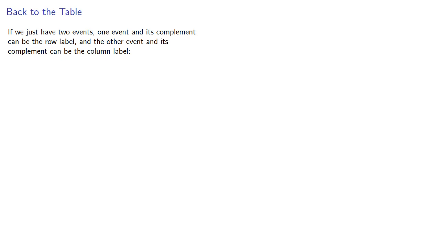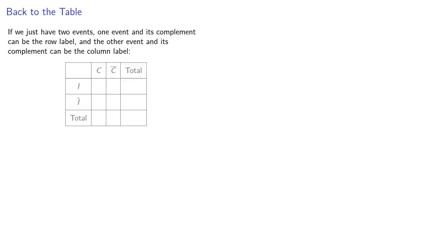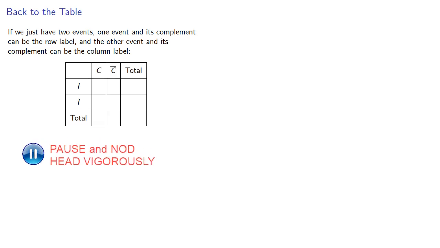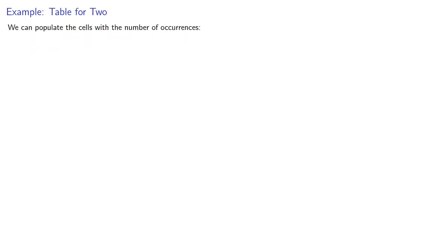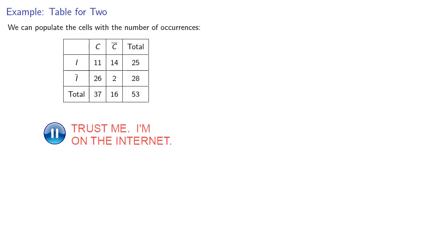If we just have two events, one event and its complement can be the row label, and the other event and its complement can be the column label. Now, any combination of the events C and I and their complements correspond to a cell entry. We can populate the cells with the number of occurrences, and assuming we have the data, our table might look something like this.